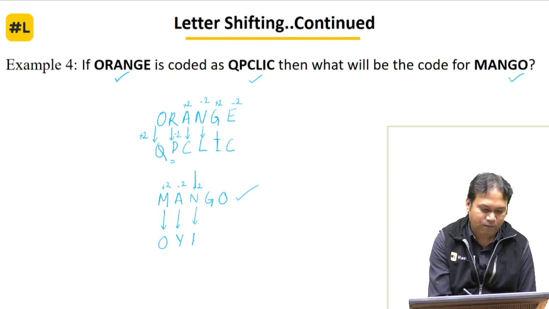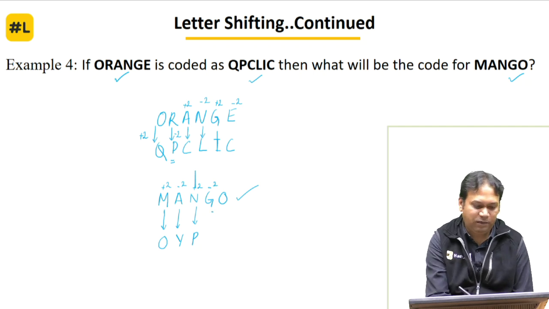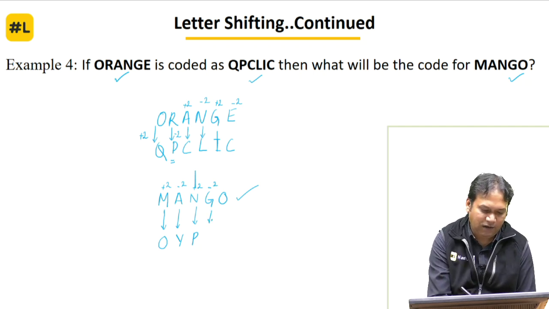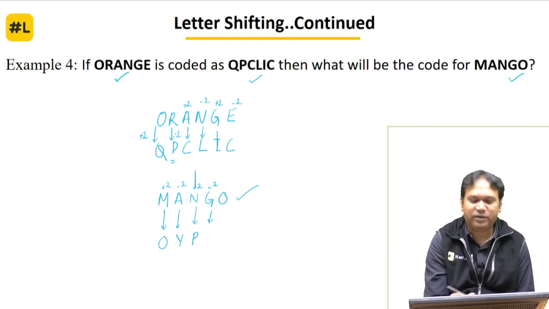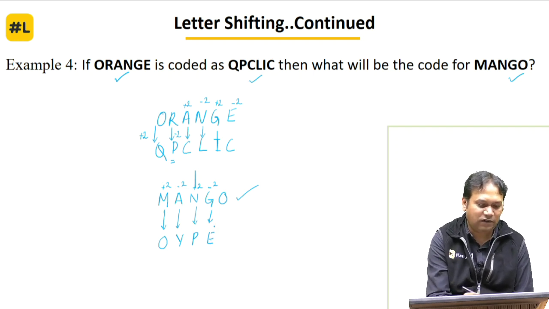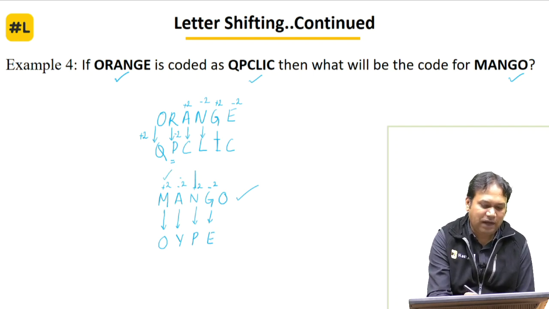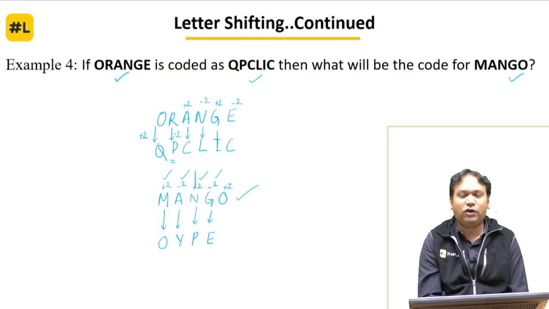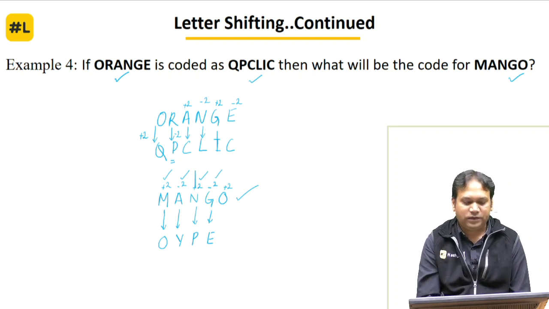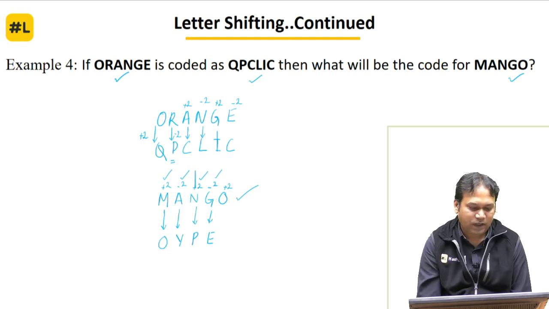N, O, P. And G minus 2. What comes before G? F, and before F, E. So, you are doing plus 2, minus 2, plus 2, minus 2, and then last one will be plus 2. Follow the right order, you will get the correct answer.